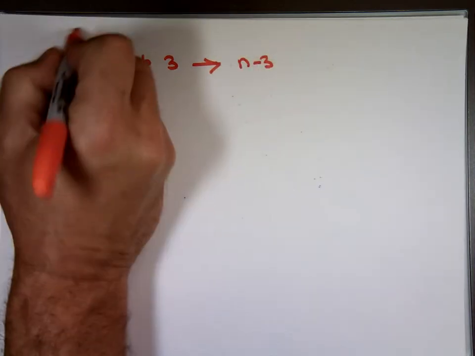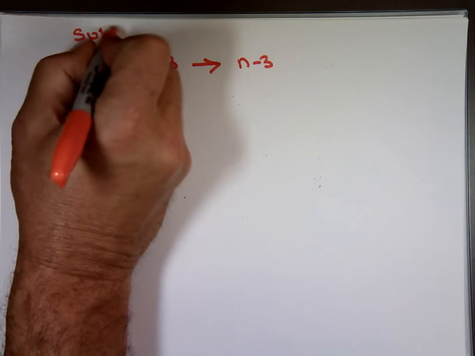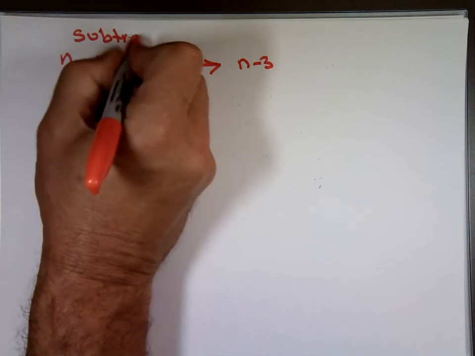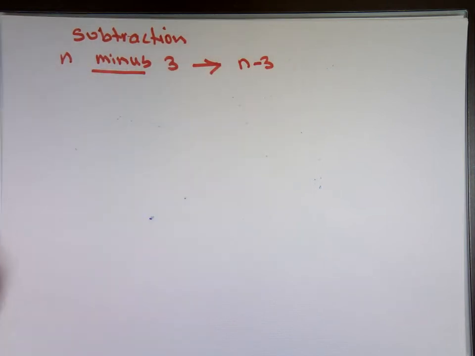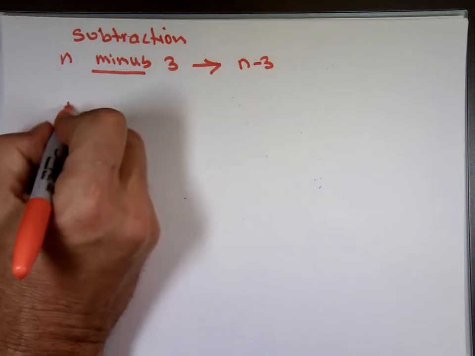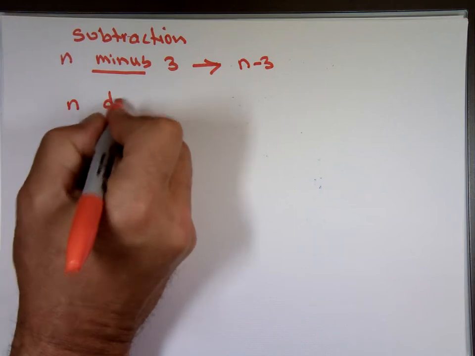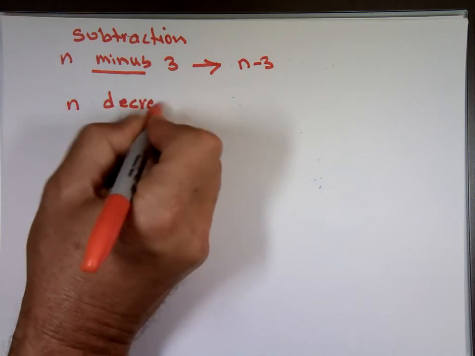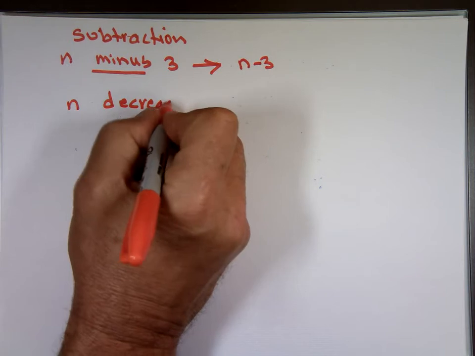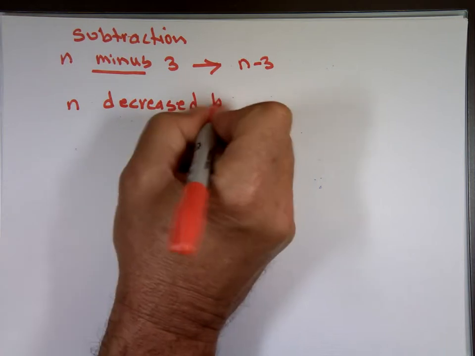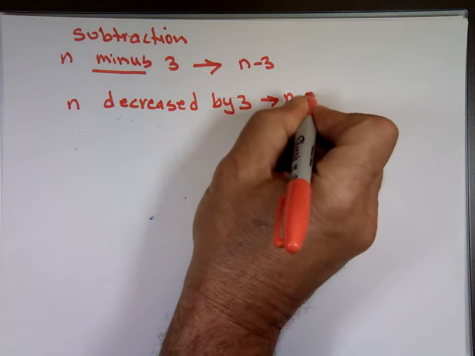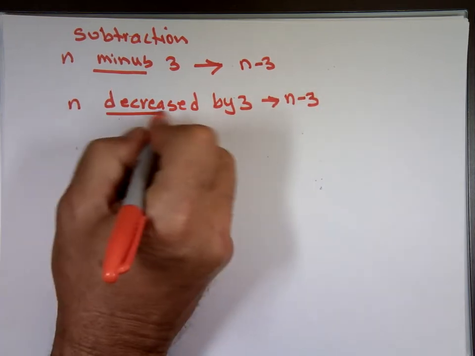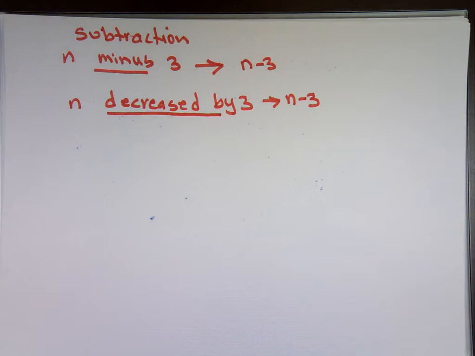So these are the subtractions. The word minus means subtract. Or n, instead of increased, we say what? Decreased by 3. Means n minus 3. Decreased by. That also means subtraction.